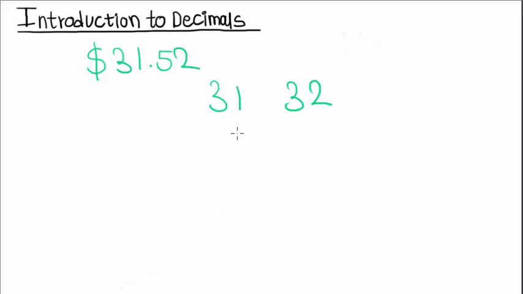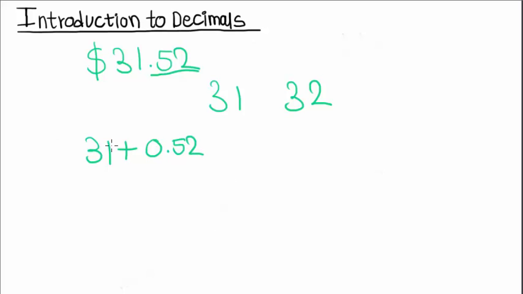What this tells me is that my total is not just 31 and it's not just 32, but it is 0.52 more than the number 31. So in this case, 31.52 can be represented as 31 plus 0.52.